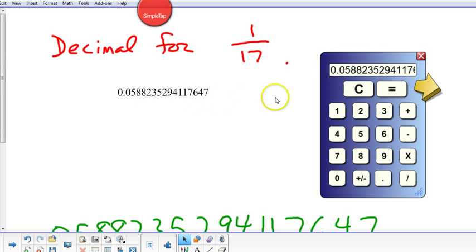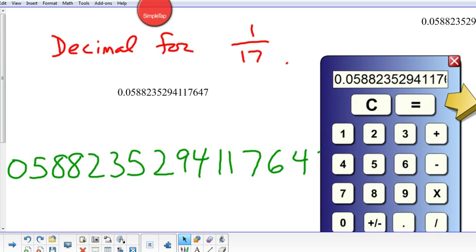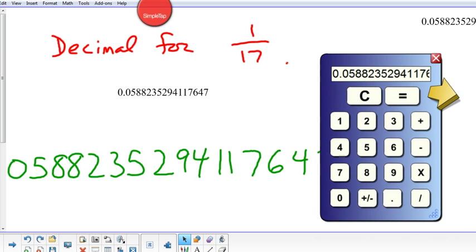So the next digits in the decimal, the next digit would be 0, and then 588, 2, 3, 5, 2, 9, 4, 1, 1.